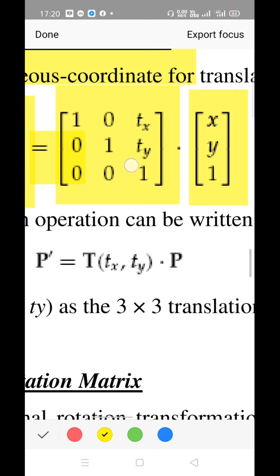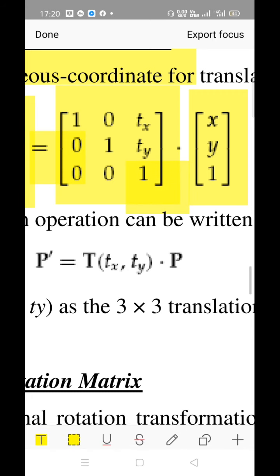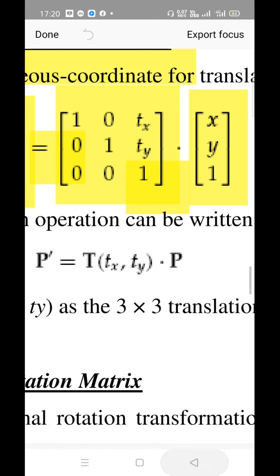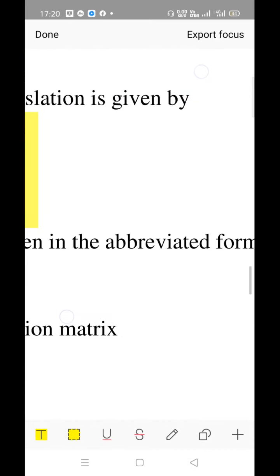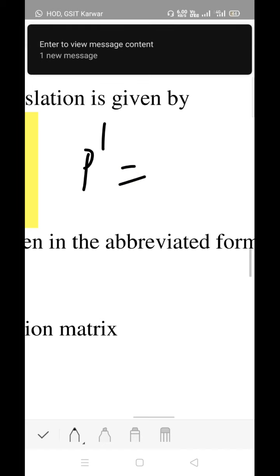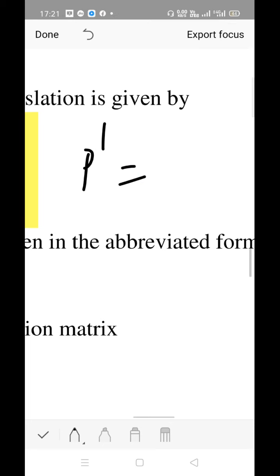So in general we can write the formula as P dash, that is the updated value after translation, P dash equal to the multiplication of two different matrices.